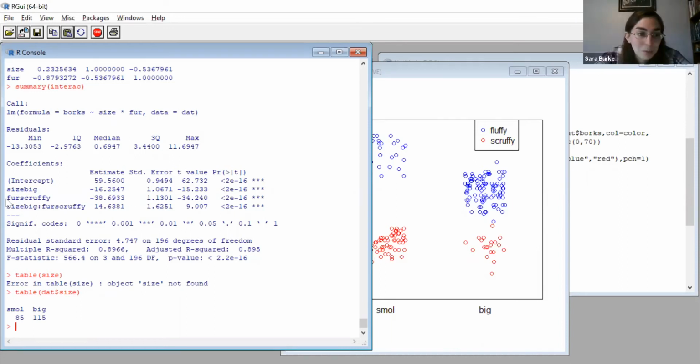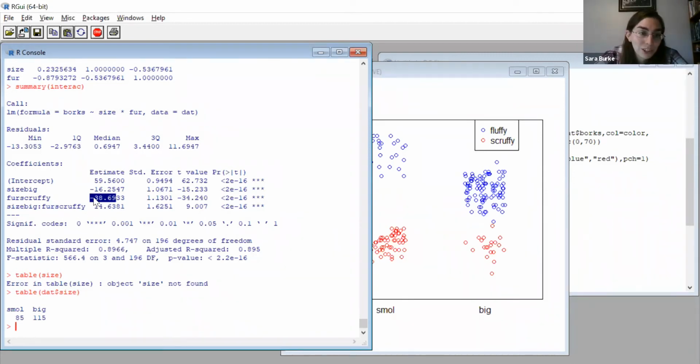Not quite. Negative 39 is the difference between the scruffy and the fluffy dogs. But it's restricted to a particular category because these are estimated in the presence of an interaction. Yeah. Right. Okay. So sorry. Is the category it's restricted to small dogs? Yes. Okay. Cool. Thank you.